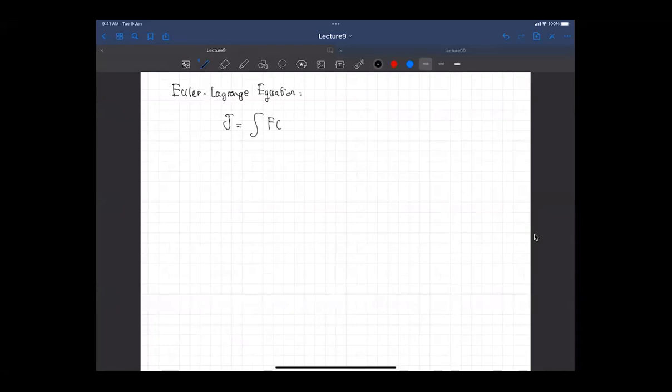The sum of this we want to minimize, and it's a function of y, y prime, the derivative of y, and t, dt. And here y prime, the derivative of y, is dy/dt. And according to Euler-Lagrange, J will be stationary. Stationary, you know, means that it will be at the peak.